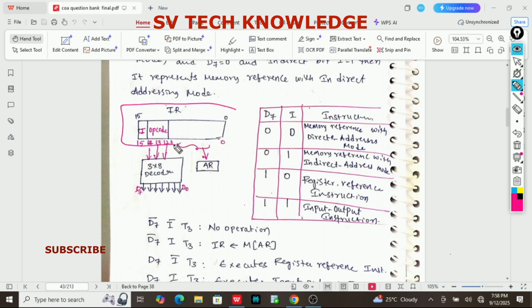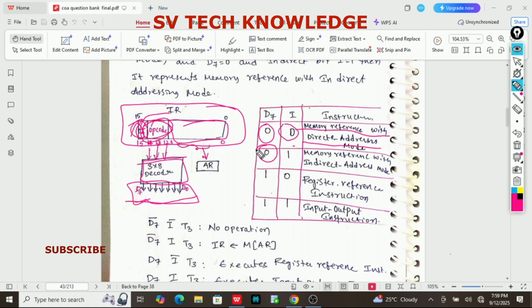The IR register is divided into three parts: bits 0 to 11, bits 12 to 14, and the 15th bit. The opcode goes through a 3 to 8 decoder and gives 8 outputs, D7 to D0. If D7 is 0 and I is 0, it is a memory reference instruction with direct addressing mode. If D7 is 0 and I is 1, it is memory reference with indirect addressing mode.